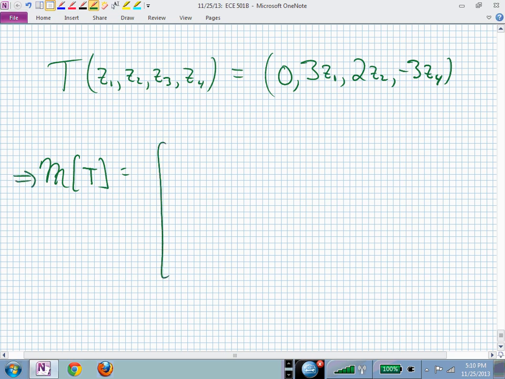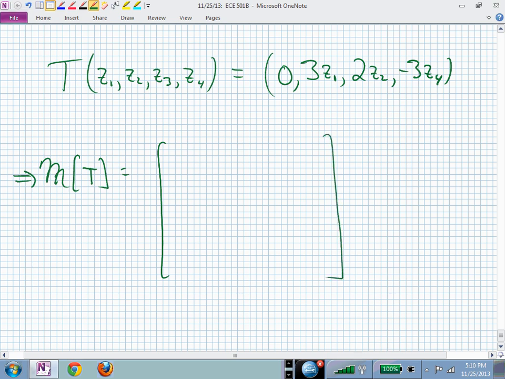Can you tell me what the matrix representation of that linear operator looks like? First off, how big is that matrix? It's 4 by 4, right? We're in a four-dimensional space, so this matrix needs to be 4 by 4.